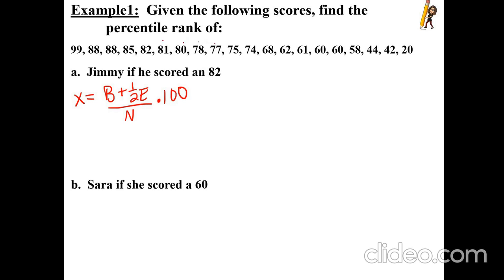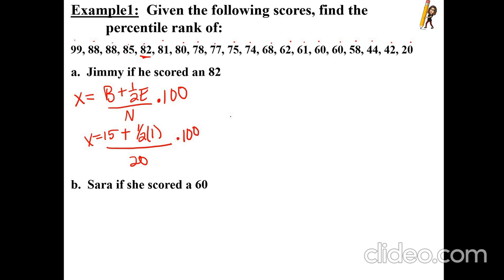We have 1, 2, 3, 4, 5, 6, 7, 8, 9, 10, 11, 12, 13, 14, 15. Plus 1/2 times how many data values were equal to 82? It looks like just 1. All divided by how many total data values we had, which was 16, 17, 18, 19, 20.